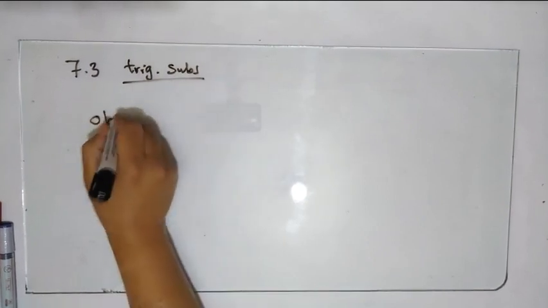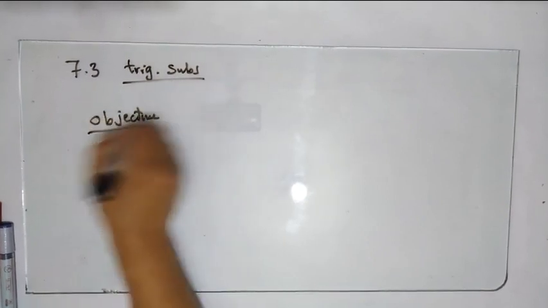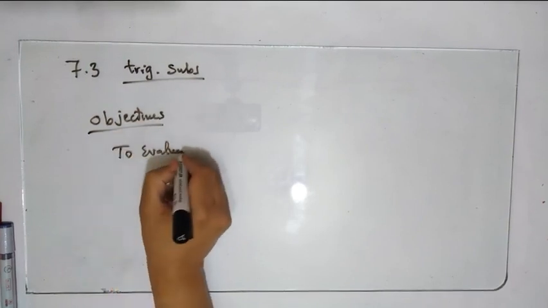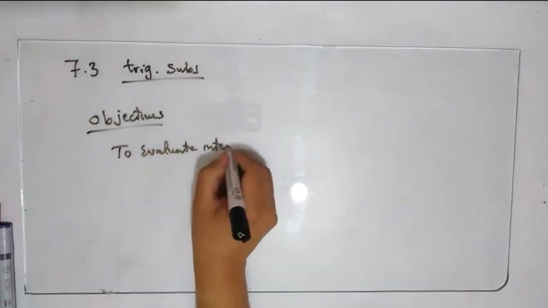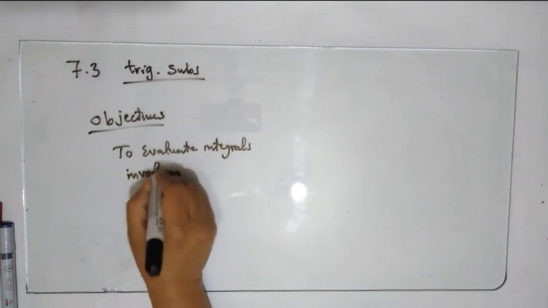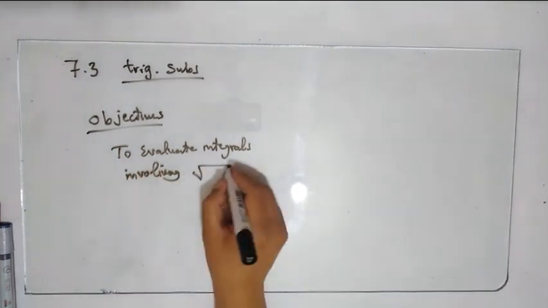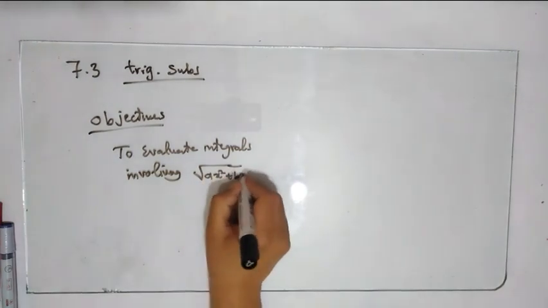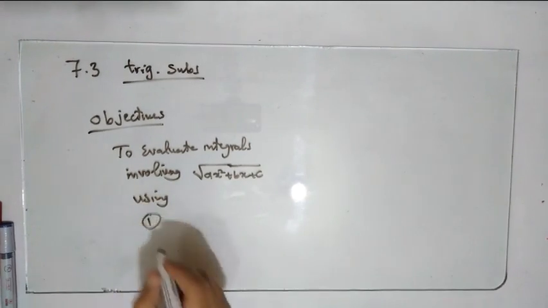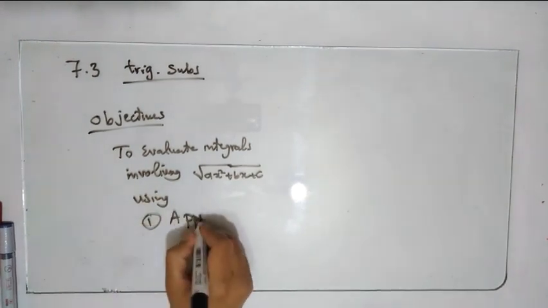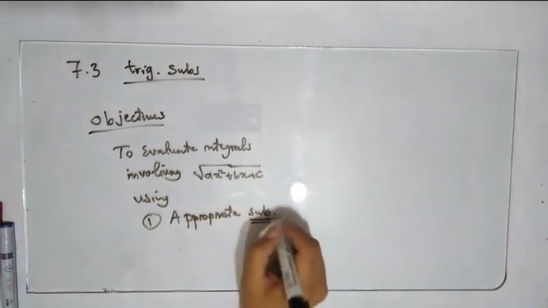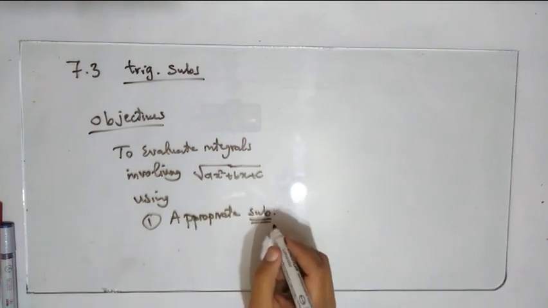Our objectives for today are to evaluate integrals involving the square root of a quadratic expression using an appropriate substitution, which is a very special substitution that we had never used up to now.